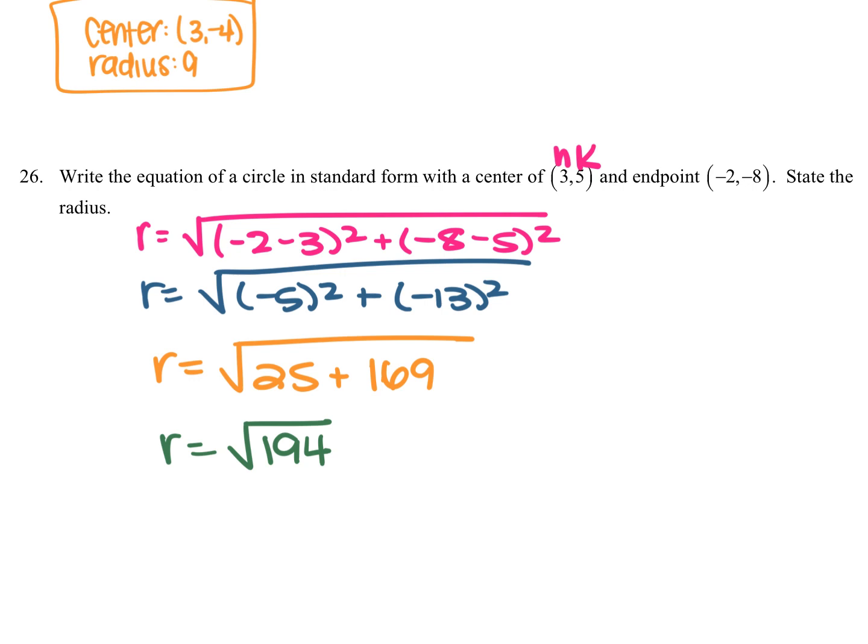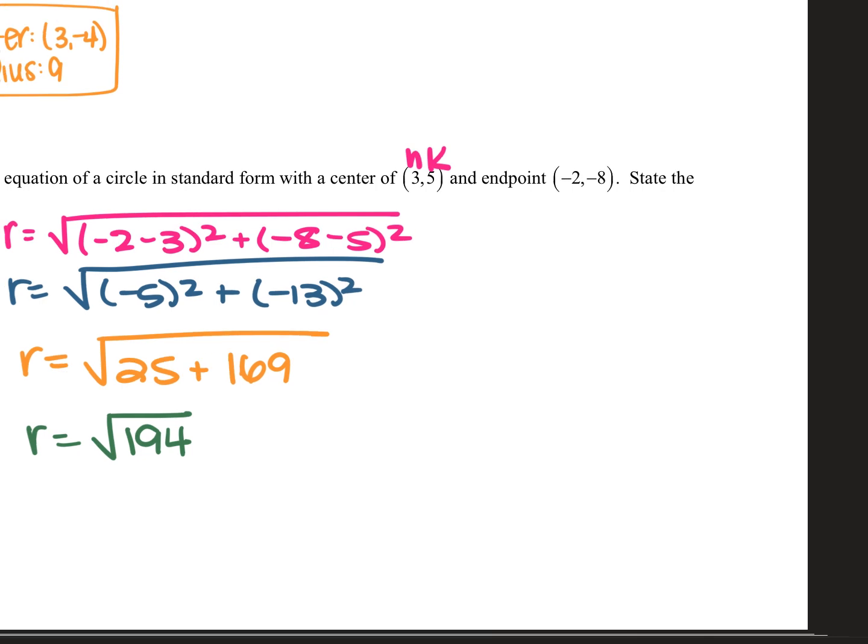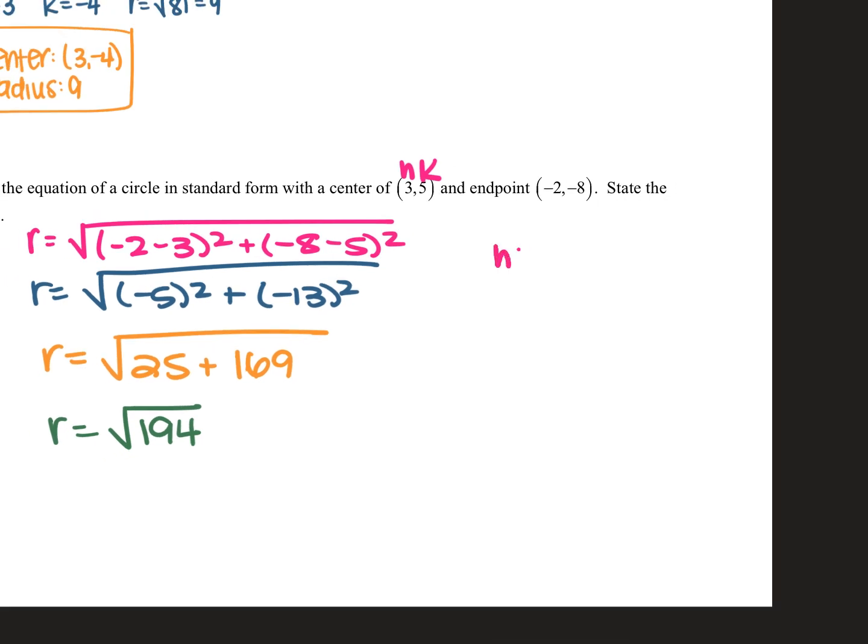So it tells us that h is 3, k is 5, and the radius is the square root of 194.